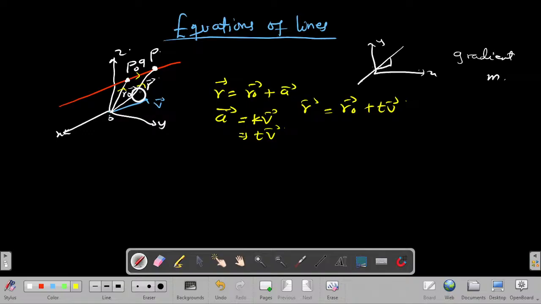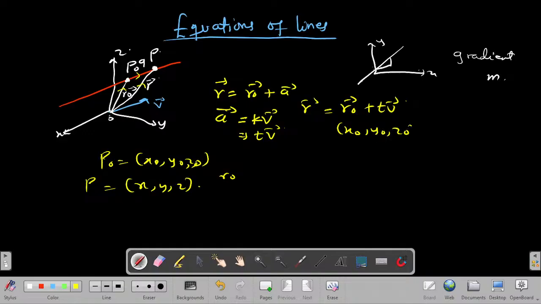Now, assuming that my point p naught is given as x naught, y naught, z naught, and my arbitrary point p is x, y, and z, then my r naught from the origin, that is op naught, is simply going to give me x naught, y naught, and z naught, plus, now let's represent our known vector in space as a, b, c, right?